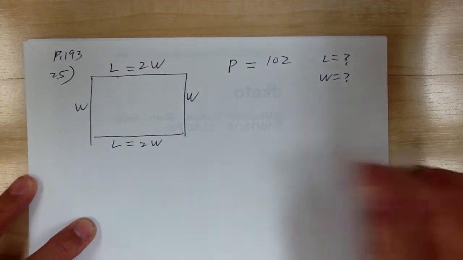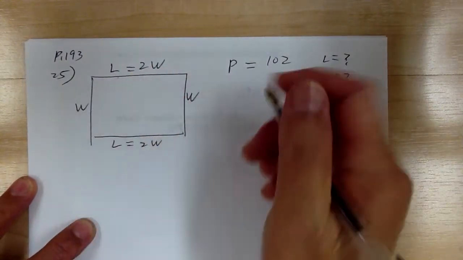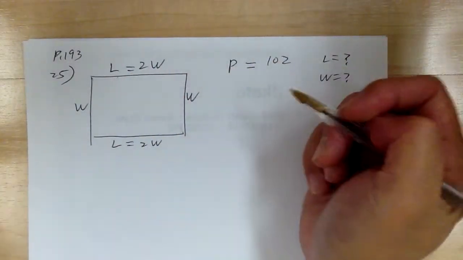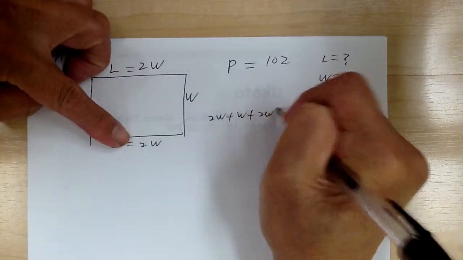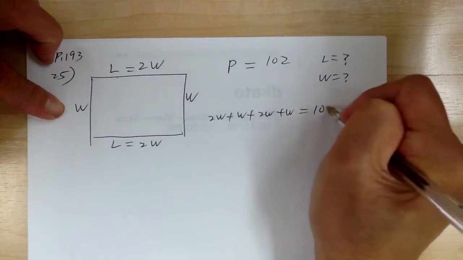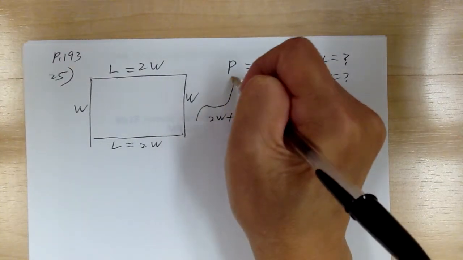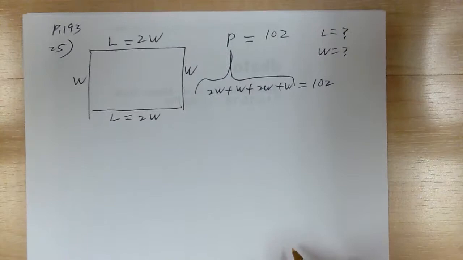Okay? So again, the perimeter is adding all four sides, right? So you're going to get 2w plus w plus 2w plus w equal to 102. Again, this whole thing is your perimeter.